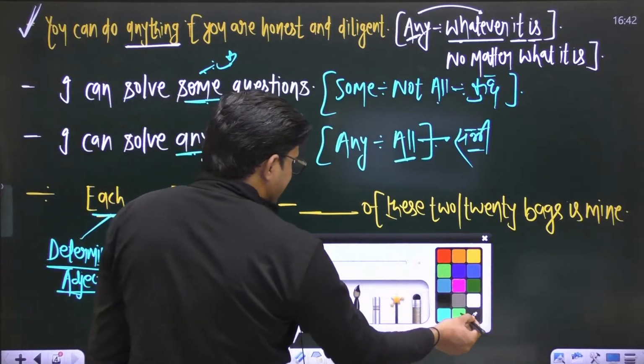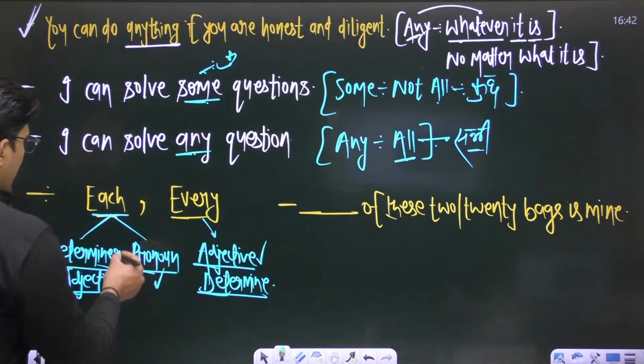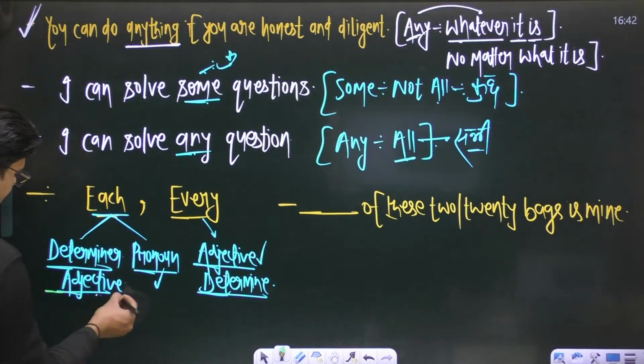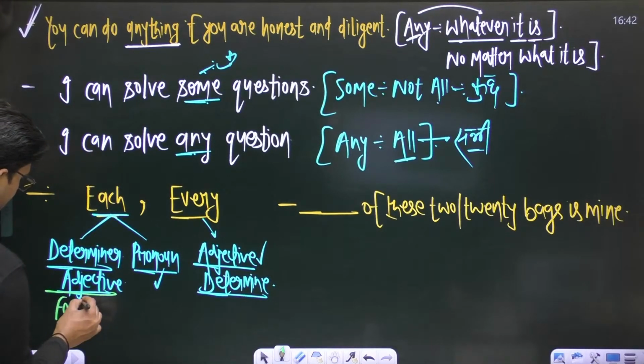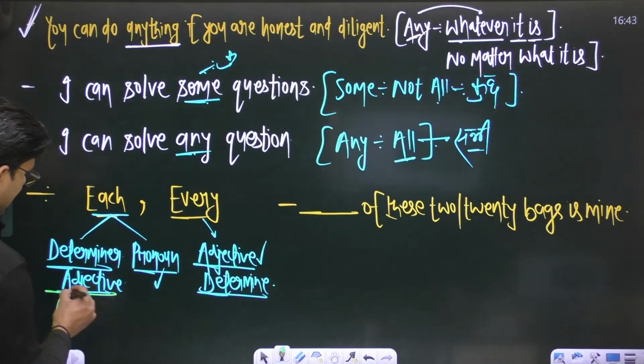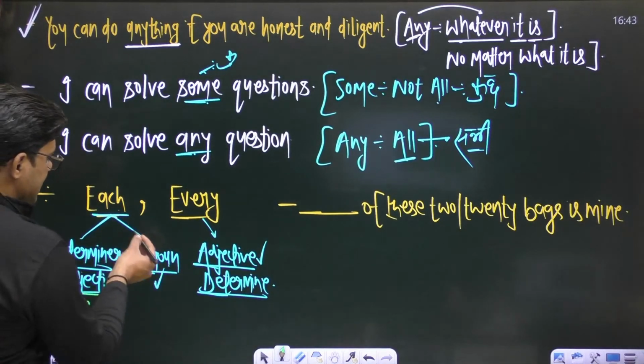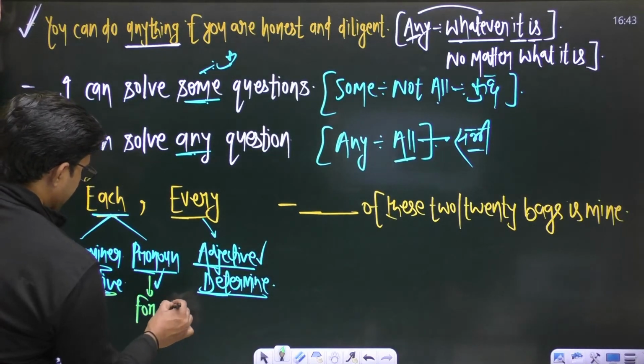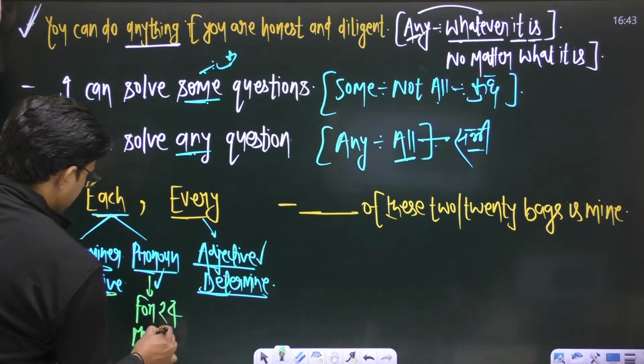One more basic difference between both the words: whenever you talk about each, when each is a determiner, it is used for two only. But whenever the word each is a pronoun, it is used for two and more than two.